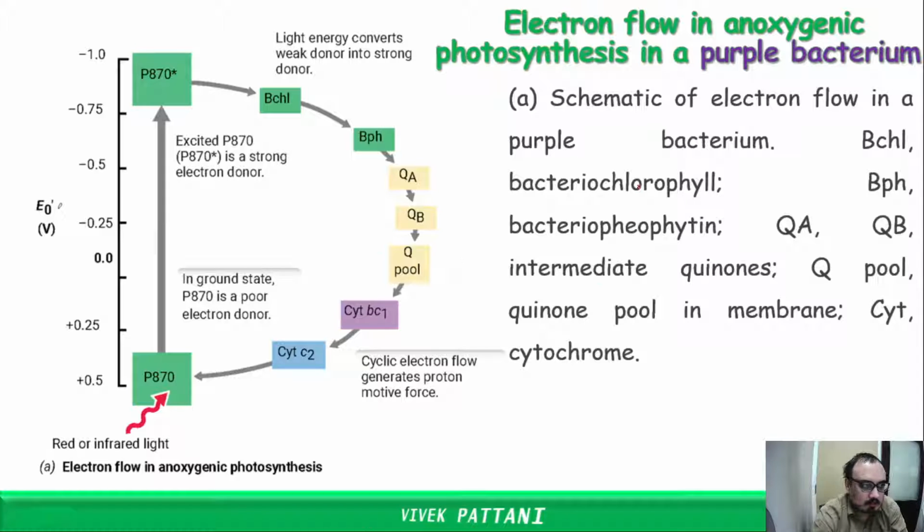So here is a schematic diagram of electron flow in purple bacterium, from bacteriochlorophyll, bacteriopheophytin, quinones A and B, intermediate quinone pools in the membrane, and cytochromes, which are involved in the cyclic electron flow of photosynthesis.